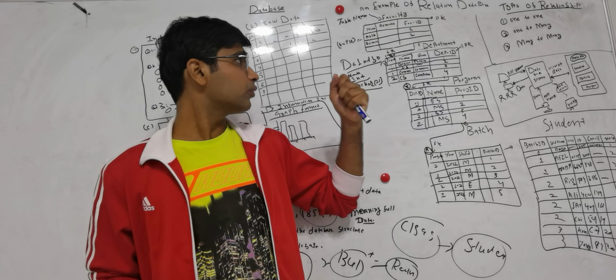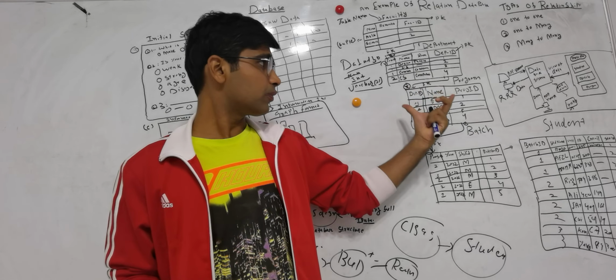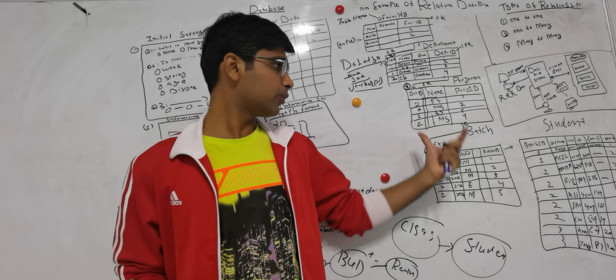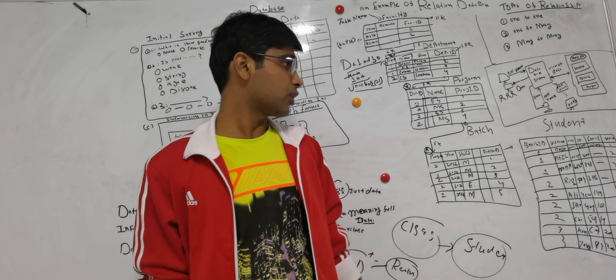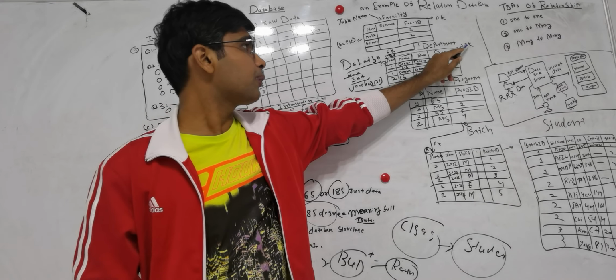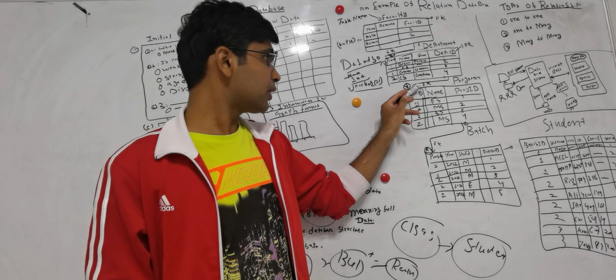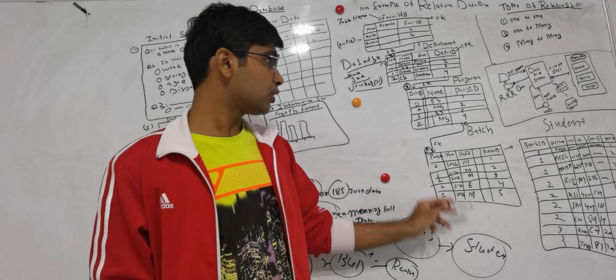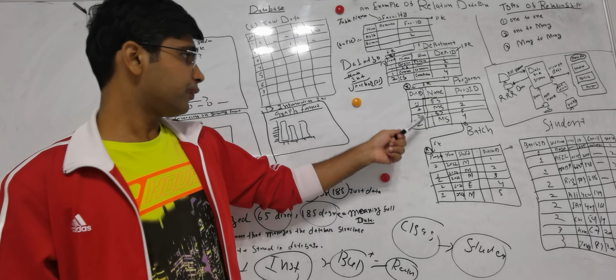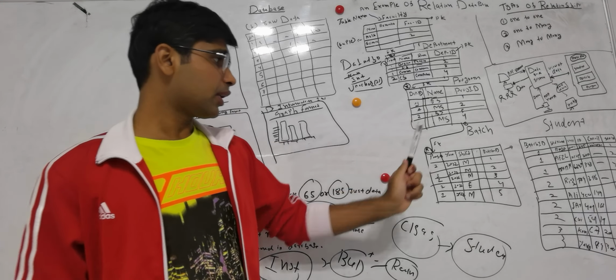One class is linked with another program, another table has another relationship. So this is the primary key, and when the primary key is passed to another table, it is called a foreign key. This primary key has passed to this table, it is called a foreign key.